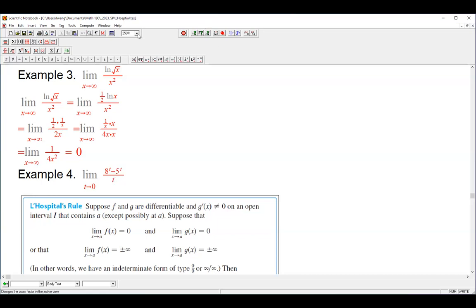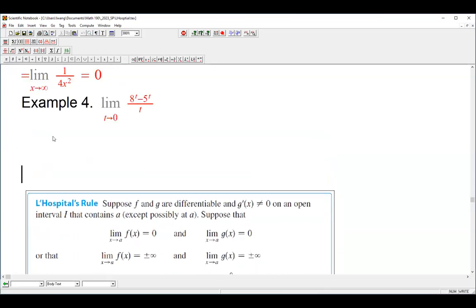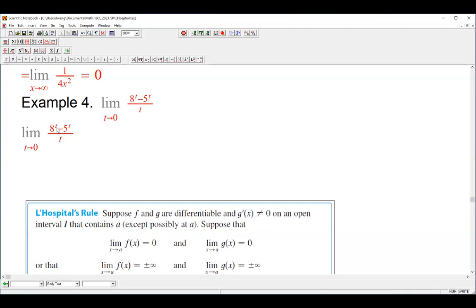Let me make the font just a little bit larger. When t is approaching 0, the denominator is approaching 0. The numerator, when t is approaching 0, is 1 minus 1, so it's 0 as well.